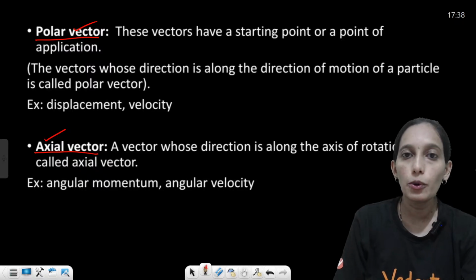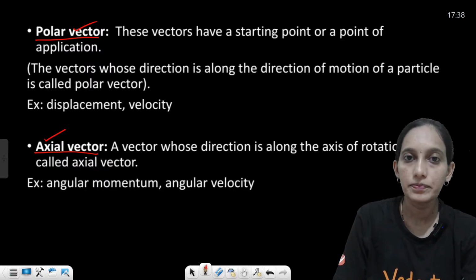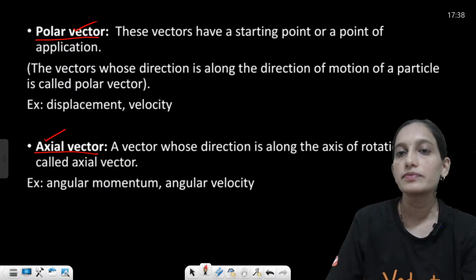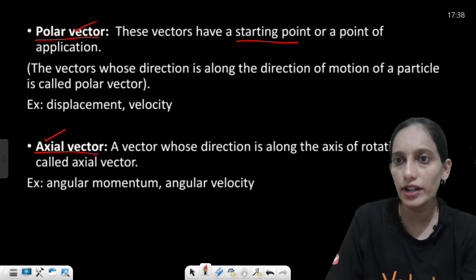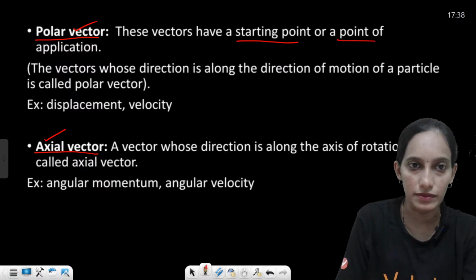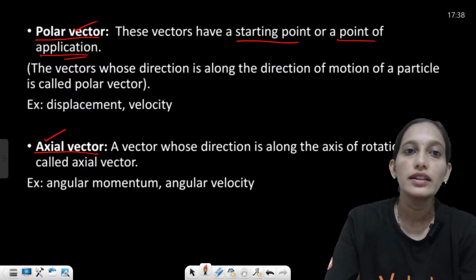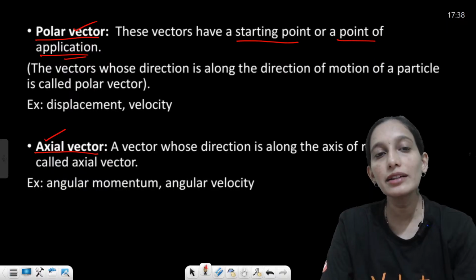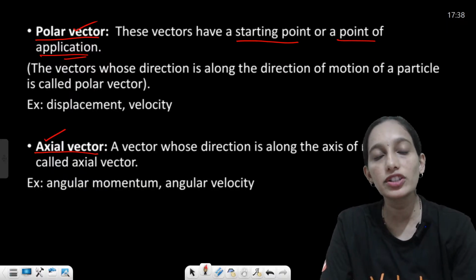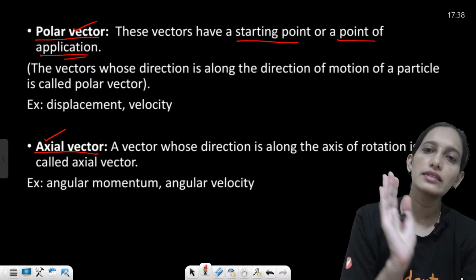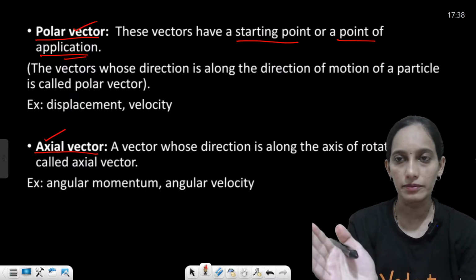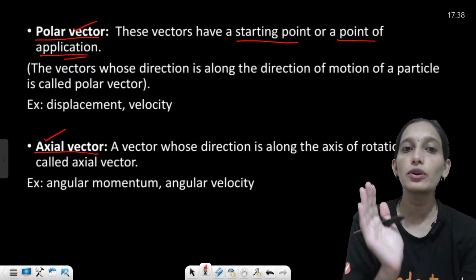Polar vectors are the vectors which have a starting point or a point of application. We can define the starting point or point of application of these vectors. We can see from where exactly the vector starts. So they are called polar vectors.